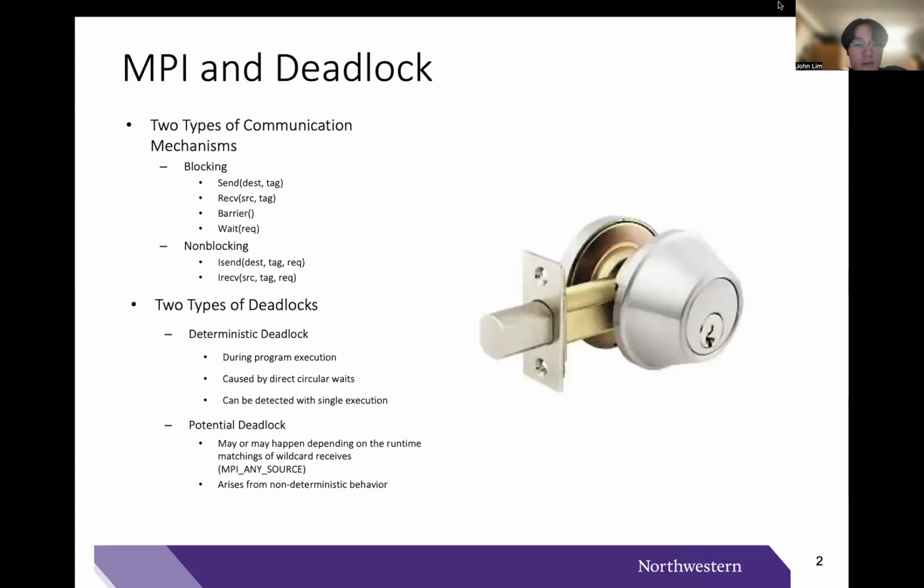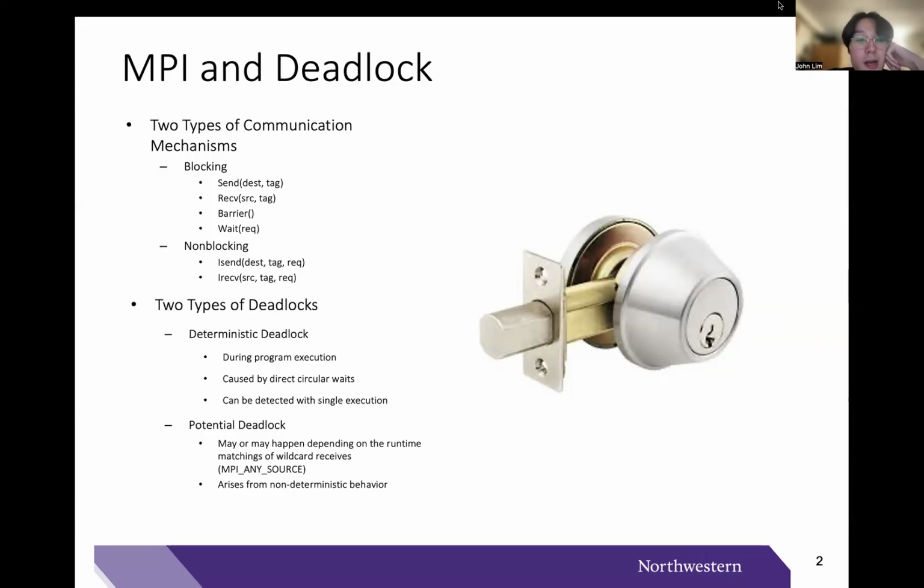To give more background on MPI and deadlock, there are two types of communication mechanisms in MPI, which are blocking and non-blocking. For blocking, we have APIs like send, receive, barrier, wait. For non-blocking, we have something like I send and I receive.